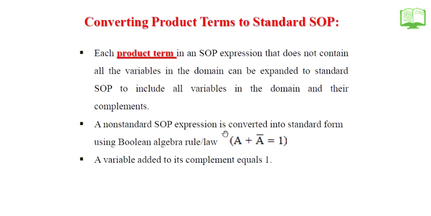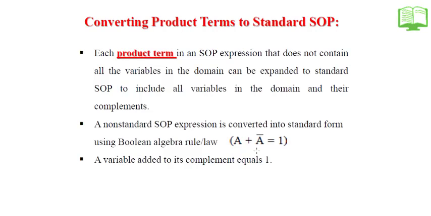So what do we do in order to convert it to a standard SOP expression? We just apply one Boolean law, and this law is taking the variable that is missing plus its complement. We are going to apply this law in order to change it into a standard SOP expression.